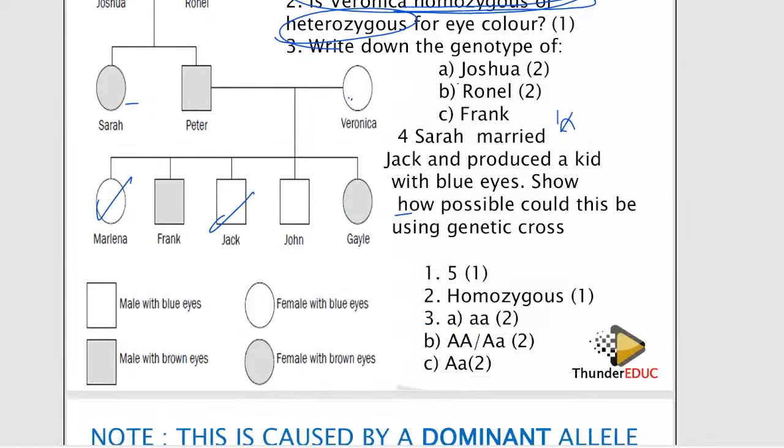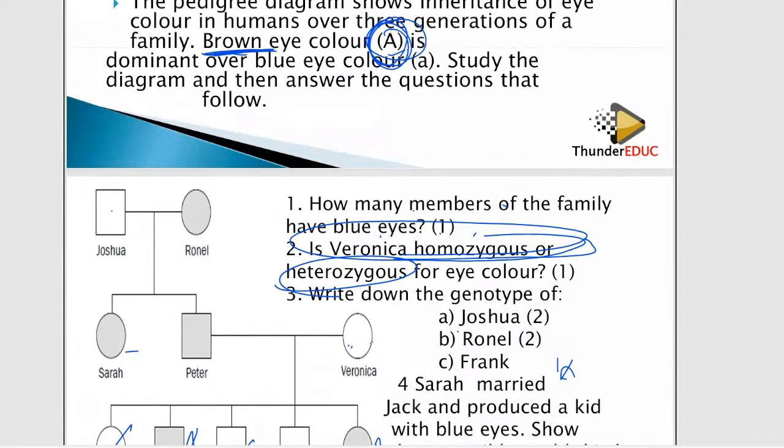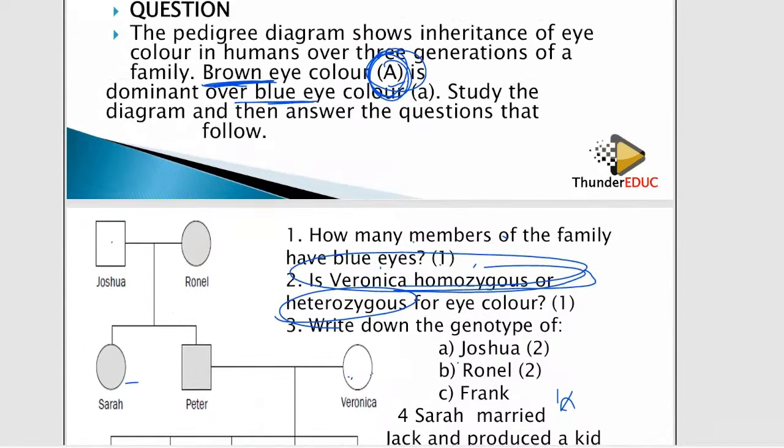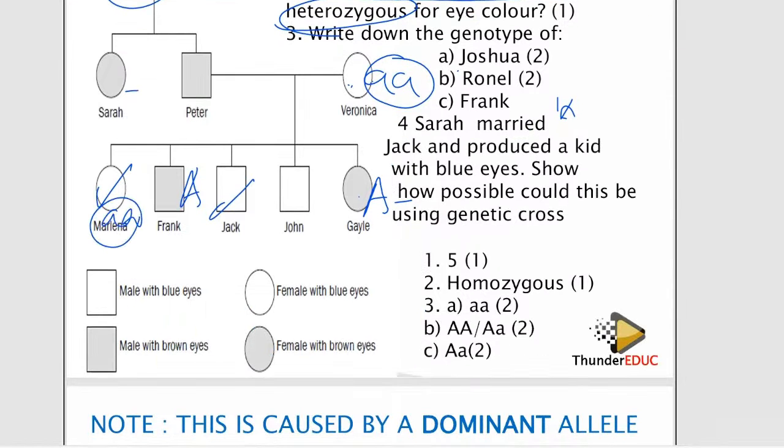We need to know that the one who is shaded is the one having capital A. Veronica has blue eyes, and brown eyes is dominant over blue eyes. So blue eyes cannot have any capital A, meaning small a, small a. Whenever you see it's not shaded, it's small a, small a.